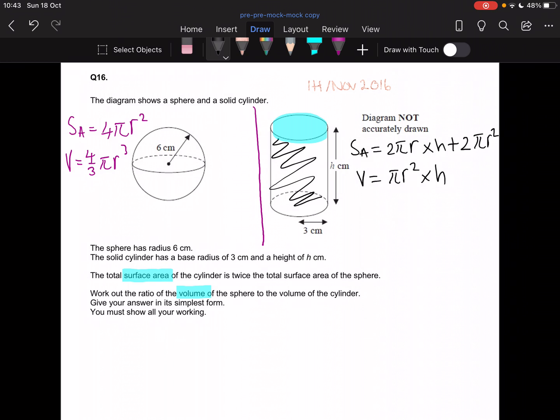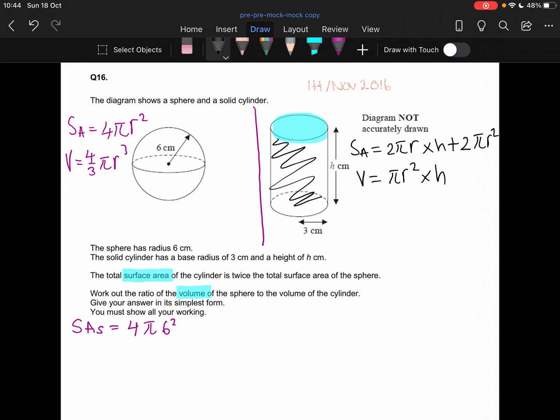So the total surface area of the cylinder is twice the total surface area of the sphere. So I'm going to start making some surface area calculations, and I'm going to start with the sphere. The surface area of the sphere is equal to 4 times pi times the radius squared. So that would be times 6 squared.